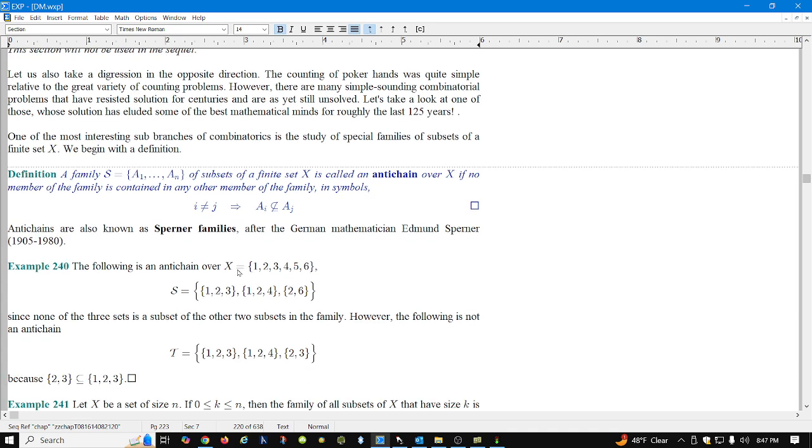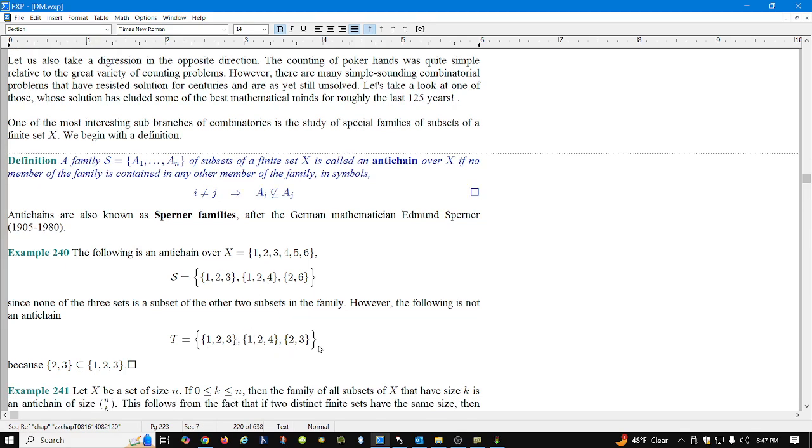So, example: if X is the set 1 through 6, then these three subsets form an antichain over X because none of these subsets is contained in either of the other two. The only chance for that would be the doubleton subset being contained in one of the tripleton subsets, but that's not the case. This is not an antichain because the doubleton {2, 3} is contained in the set {1, 2, 3}.